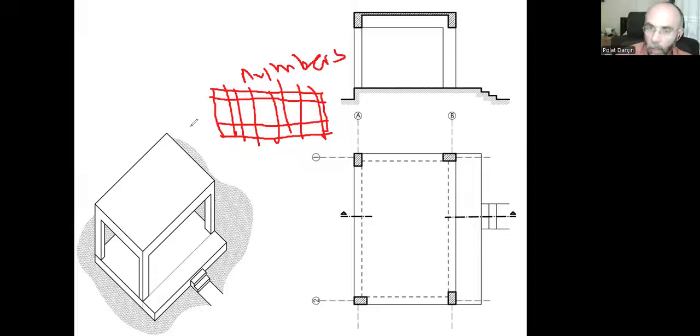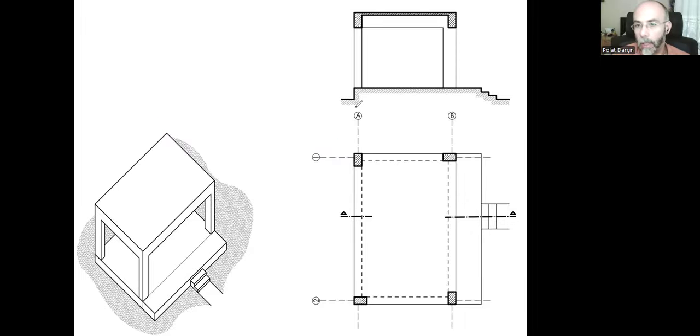With the short side, you can use letters. Because there are only 29 letters, but lots of numbers. That's why. So I just have A for this first grid line and B for the other grid line and 1 for this first in this direction and 2 in the other direction.